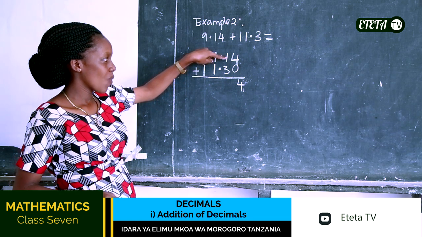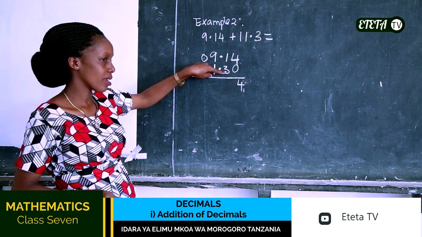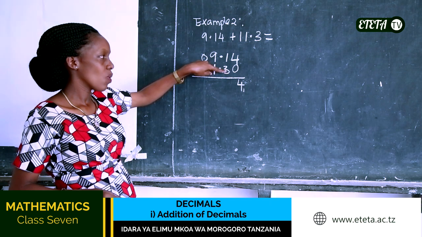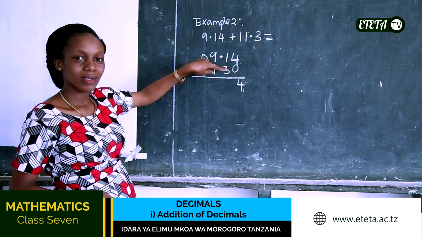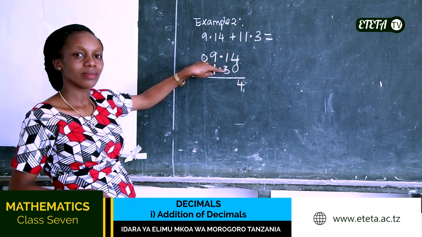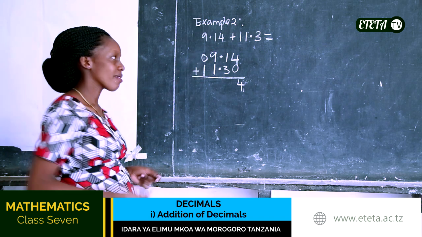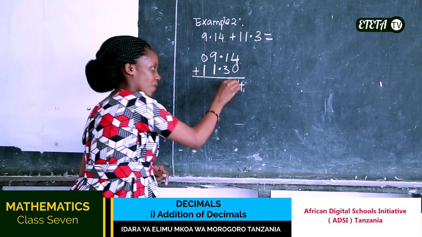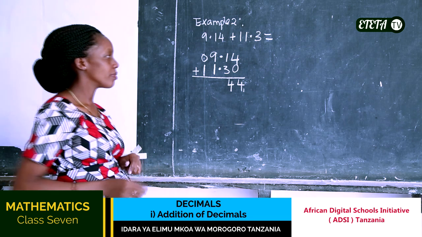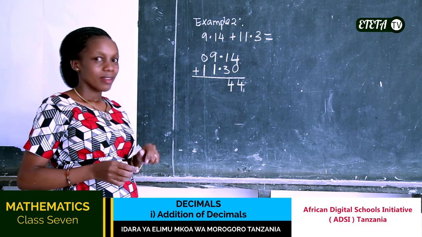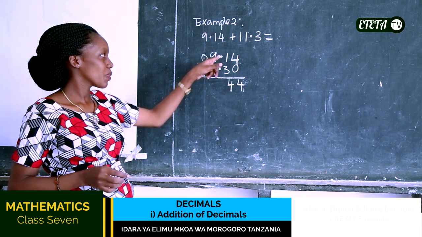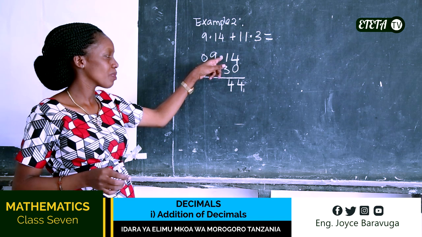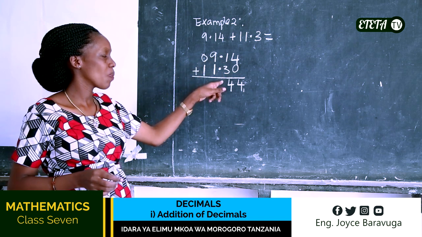Then 1 plus 3. 1 plus 3 is 4. Then we are going to write the decimal point.